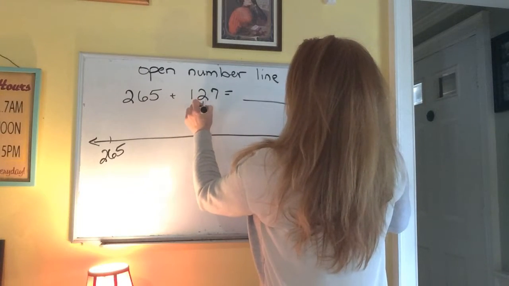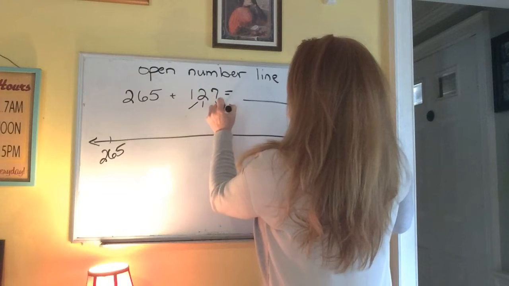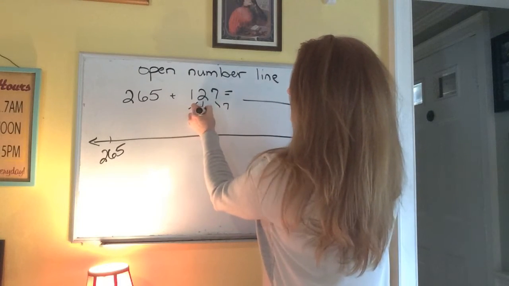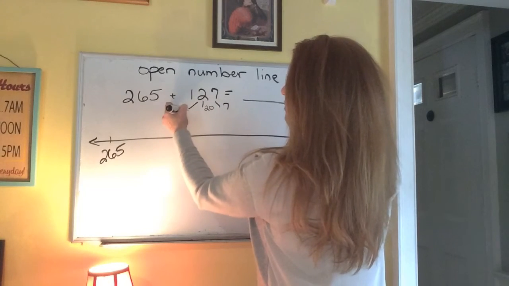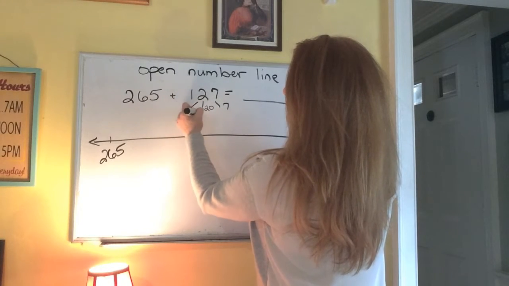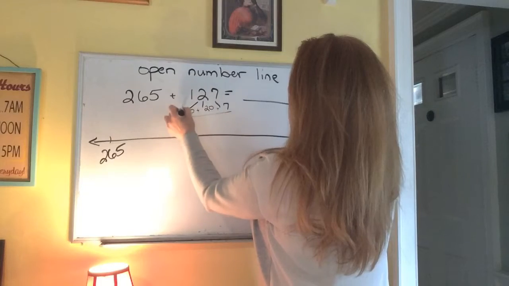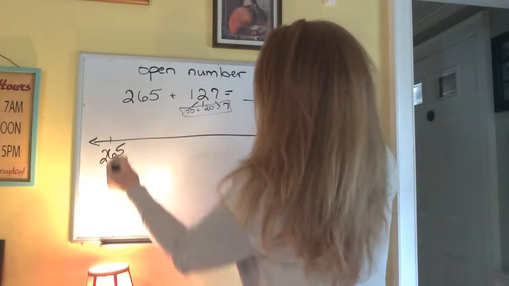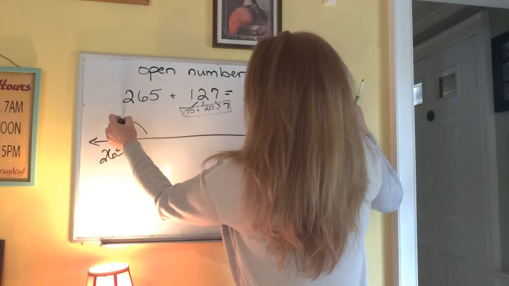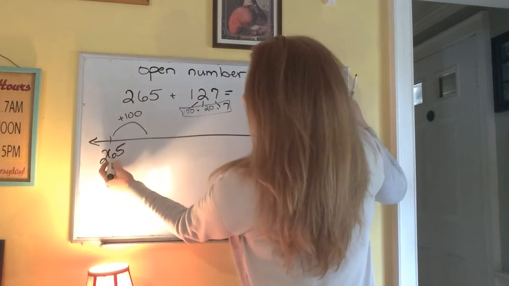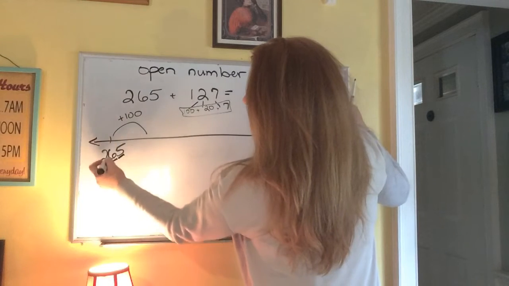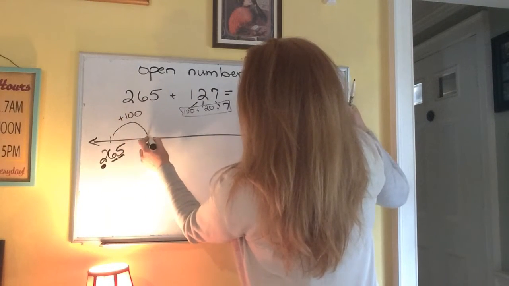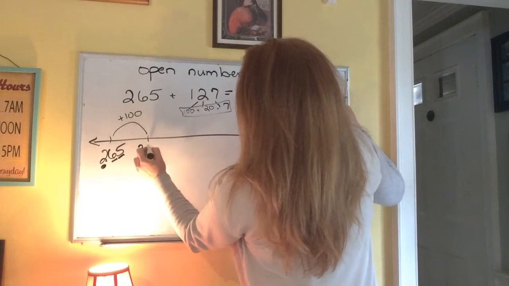I have the hundreds, I have the tens, I have the ones. 7 ones is worth 7. 2 tens is worth 20. And 1 hundred is worth 100. And if I put those together, they equal 127. So let's do the jumps. 265 plus 100. The tens and the ones stay the same. It's just the hundreds that change. So 200 plus 1 is 365.